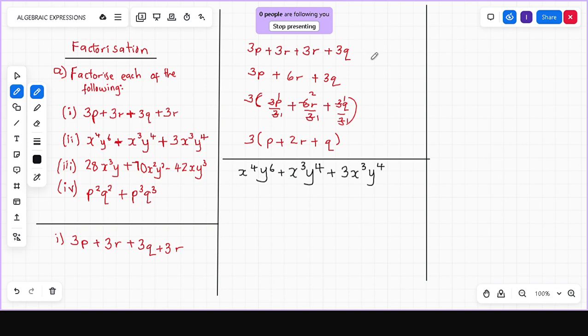Now we don't have a number, we have letters which are in power. So we are having x and y.